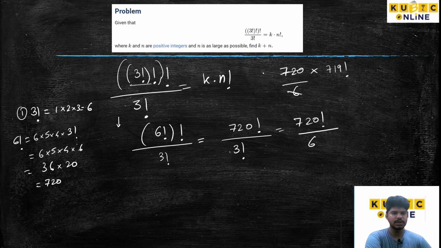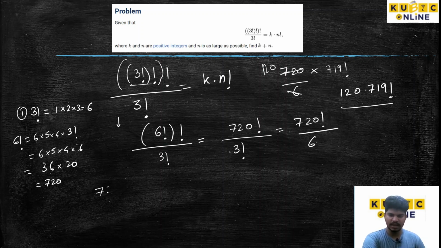So 6 ones are 6, 6 twos are 12. So this is 120. So it became now 120 into 719 factorial. Now can we find a number n which is larger than 719 and we will still get a factorial? No. Why? Because this is the reduced form.